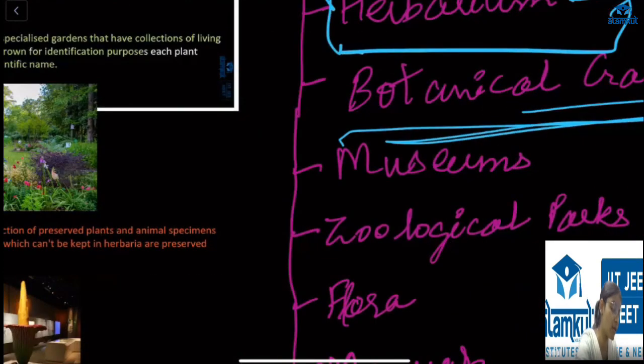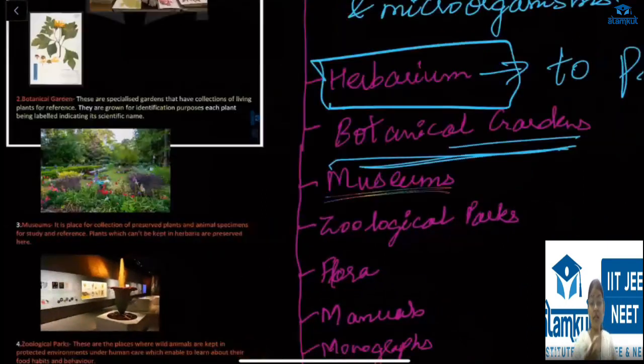Now we will study about this museum. What do museums do? Basically, we have studied about museums which have historical artifacts or historical monuments, things from history, but these museums are also there for certain kinds of plants and animals which have been preserved and which have been found during the course of time.